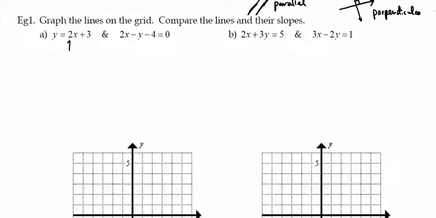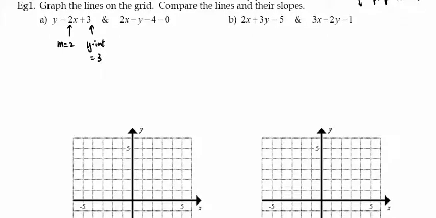We have slope equals 2 and y-intercept equals 3. We are going to see a line starting from the y-axis at positive 3. Here is where you'll be starting. And the slope of the line is positive 2. It is going to go up by 2 units and run by 1.